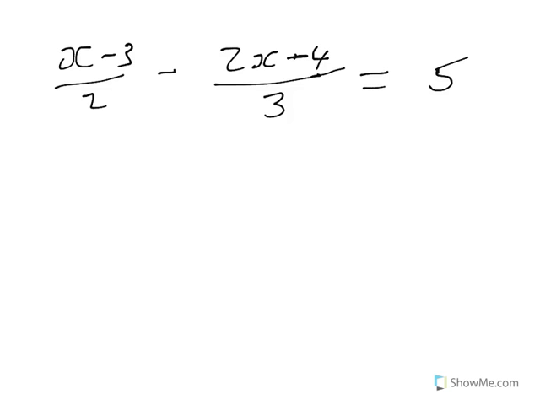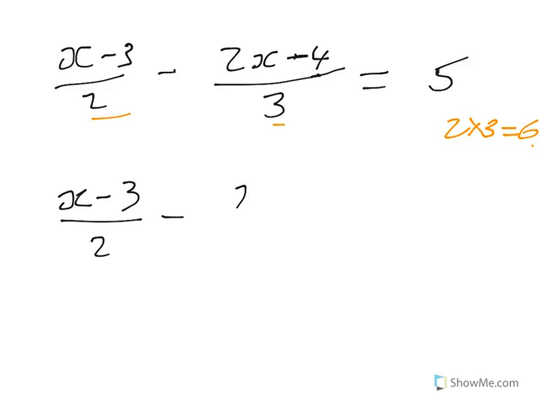Now, whenever we've got denominators, fractions, it makes life a little bit difficult. So we want to try and get rid of them if we can. So in this case, we've got a 2 and a 3, and 2 times 3 is equal to 6. So the strategy that we can use then is this one.